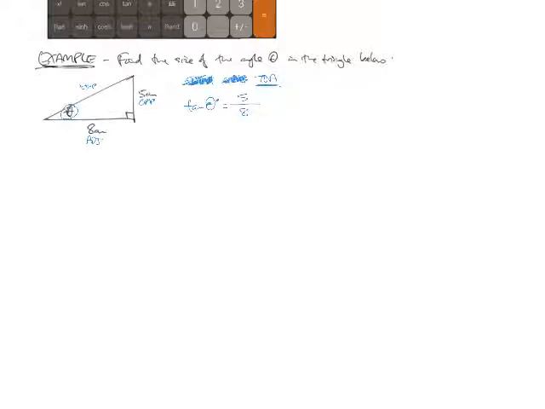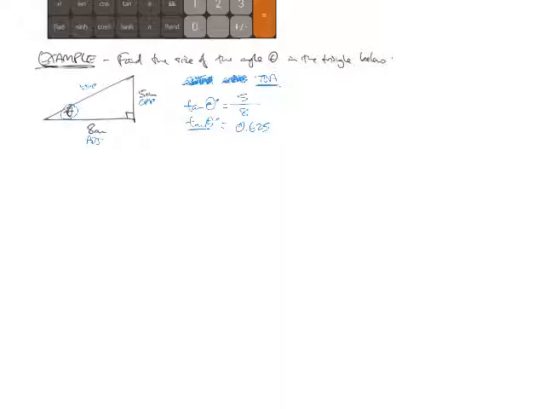Now we're at the point where we need to work out the angle, because we don't know what it is. So 5/8 on your calculator, 5 divided by 8 is 0.625. At this point, if you're using algebra, you would want to divide by tan, because tan and the theta between them is like a times sign.